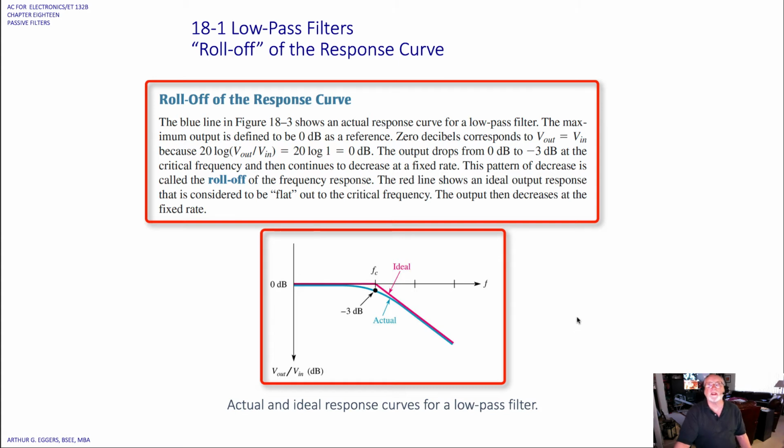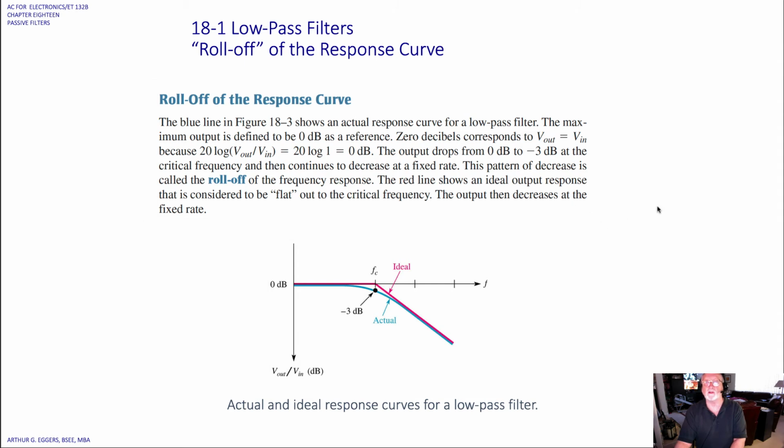Okay, so what we're starting to see here now is what I promised you. We're going to start looking at developing what are called Bode plots for the response curves for our circuits.